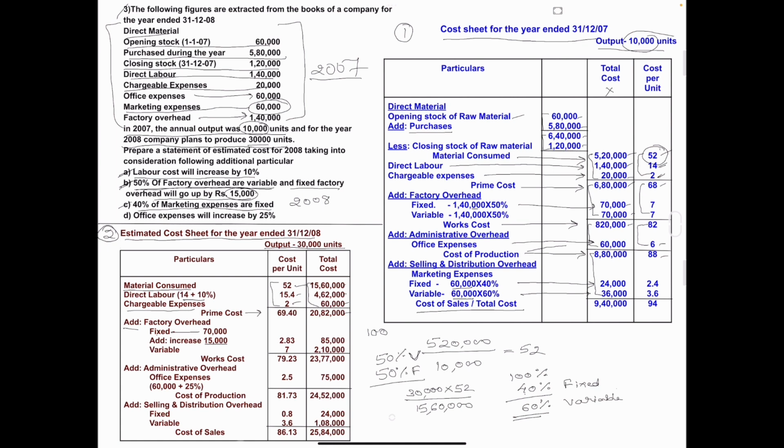So add the increase, 15,000, and the total of these two is 85,000. Write in the total cost column 70,000 plus 15,000, 85,000. And we have to calculate cost per unit. For that, 85,000 divided by 30,000, you will get 2.83.